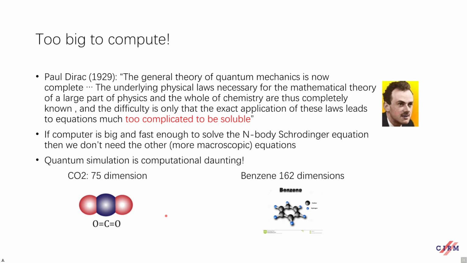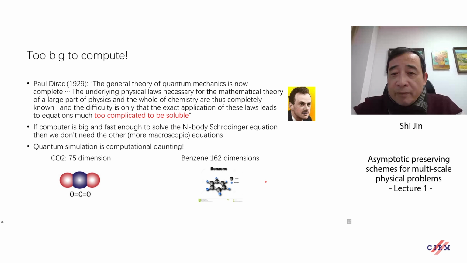It's very difficult. Here we talk about 75 dimensions. For benzene molecules, you have to solve a Schrodinger equation in 162 dimensions. So now we know the problem is simply that our computer is not big enough or fast enough to solve a problem like this. So that's the difficulty. Okay, so it's the size of the problem, the number of degrees of freedom is simply too large.